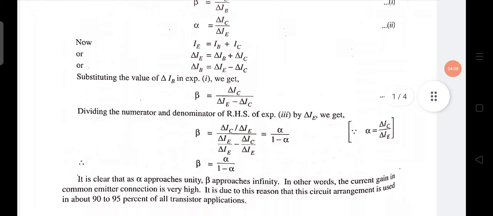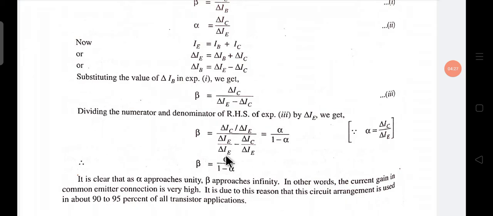So we prove that beta equals alpha by 1 minus alpha. Remember this relationship. Beta is called the base current amplification factor, and alpha is called the emitter current amplification factor.